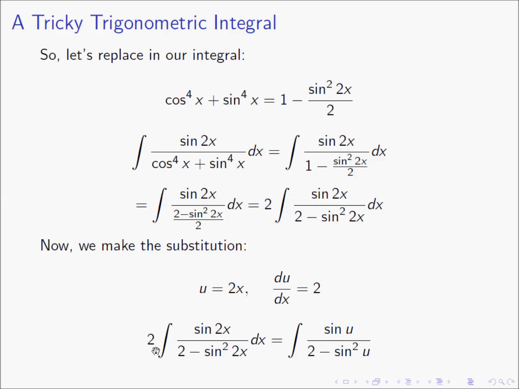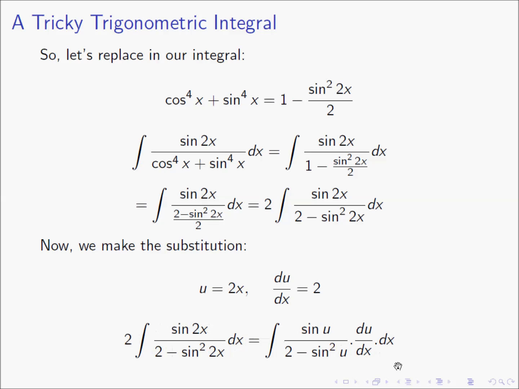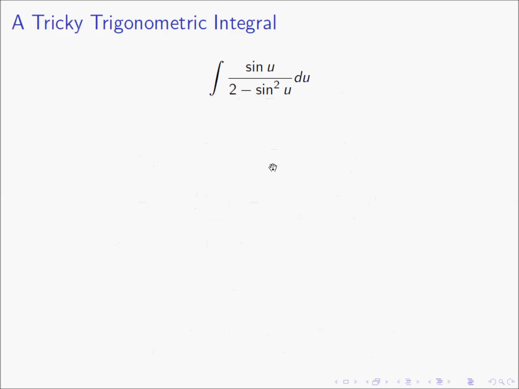And here we can introduce the number 2 inside the integral again. That becomes du over dx, times dx, so we can cancel the dx. We get this integral here.